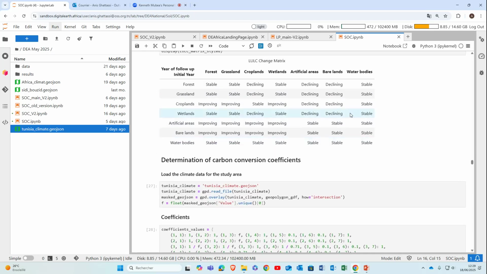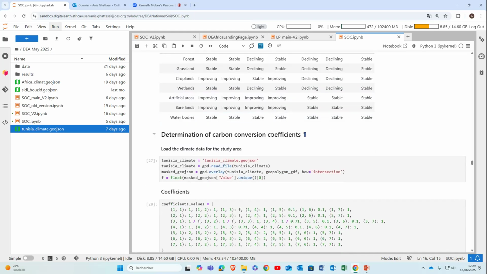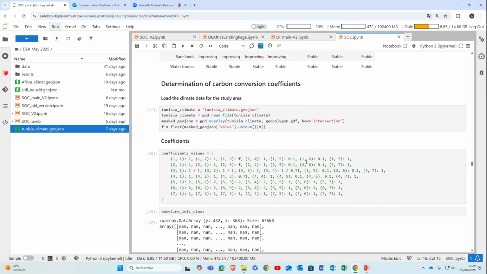After this, we included in this matrix a conversion coefficient, called F. This conversion coefficient will help translate the land use land cover classes between the baseline period and the target period into a spatial organic carbon distribution in the area of CDWZ here.